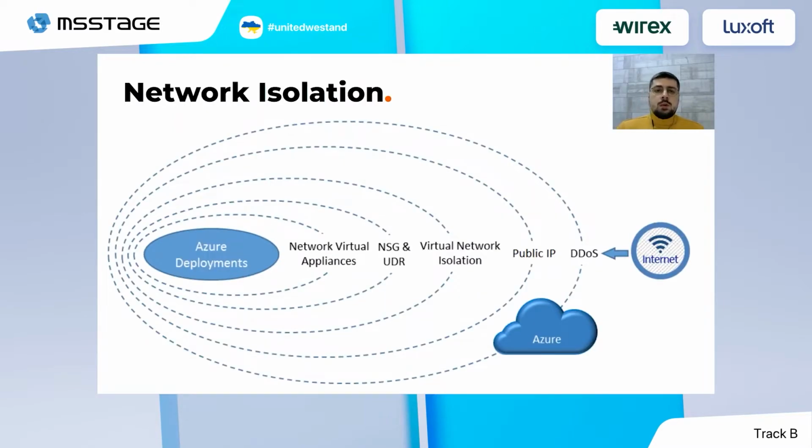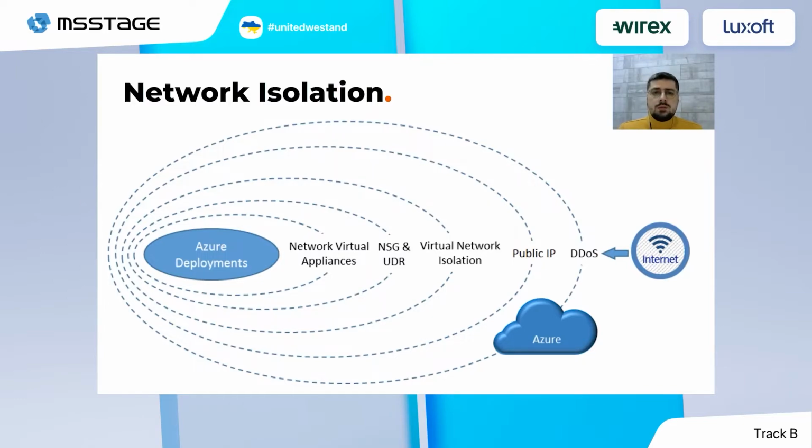Next one is network isolation. Azure deployment has multiple layers of network isolation. The following diagram shows various layers of network isolation Azure provides to customers. These layers are both native to the Azure platform itself and customer-defined features.